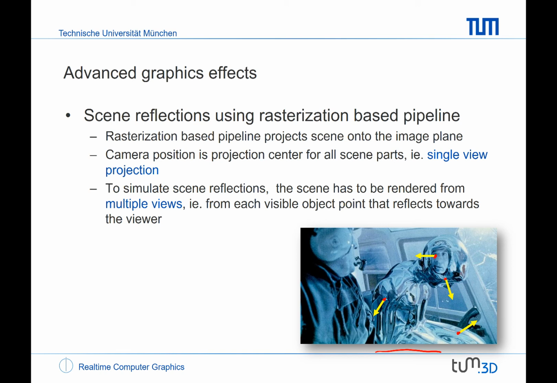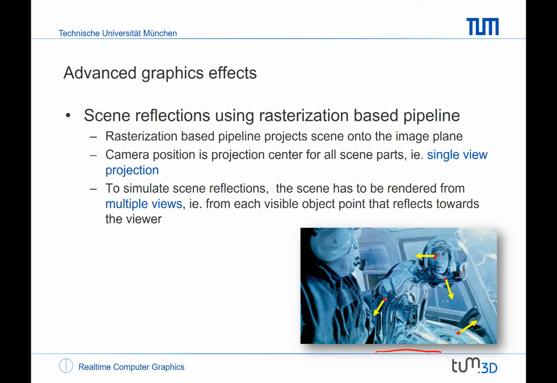And what this means in principle is that for each of these reddish points, we would have to compute the reflection vector. These are the yellow vectors we see here, because the reflection vector tells us from which reflection direction the incoming light will be projected towards the viewer.